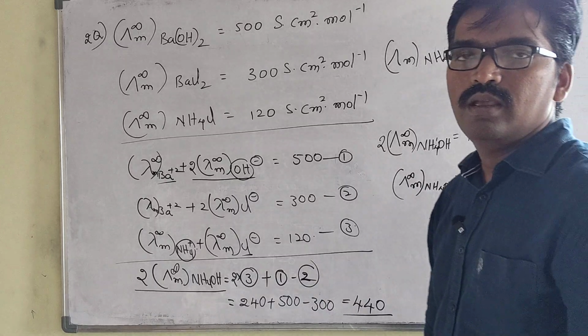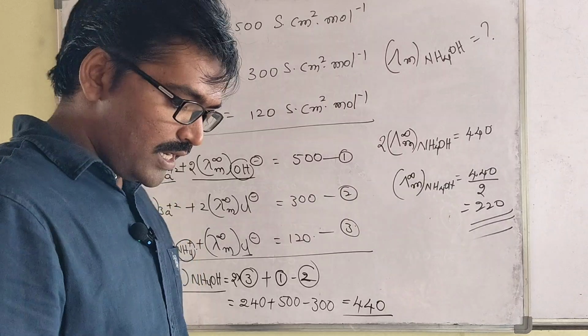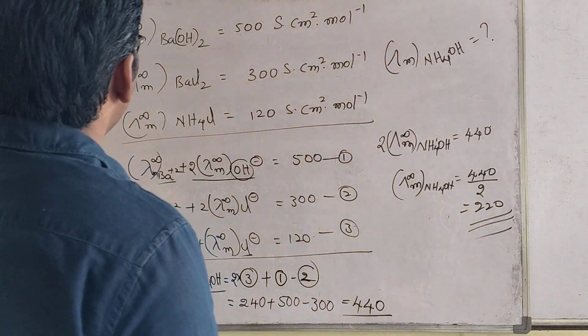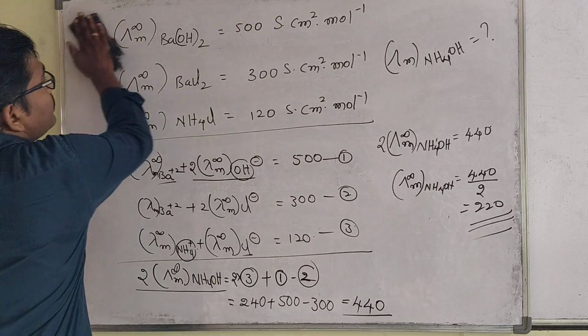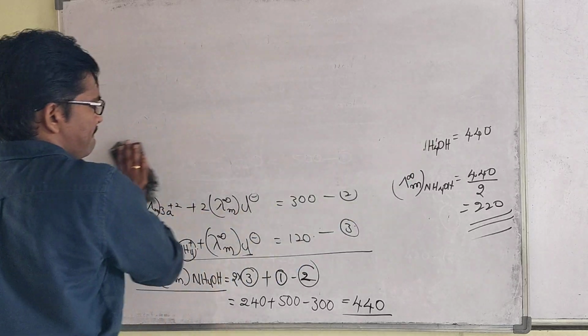Understand, my dear students? So like this you can find the limiting molar conductivities of weak electrolytes. Okay, clear? Then we'll do one more question based on it. Let's see, I'm going to do another question.